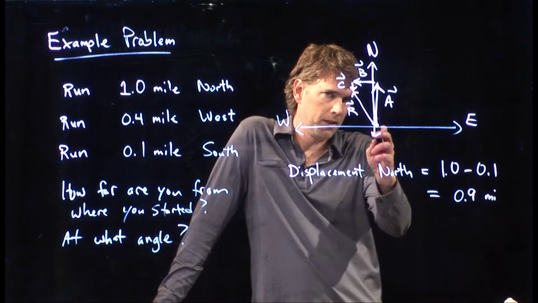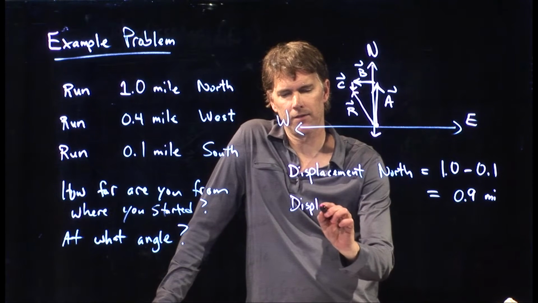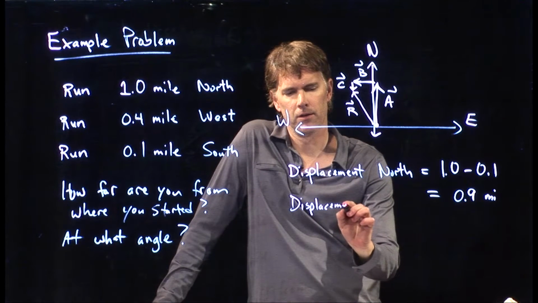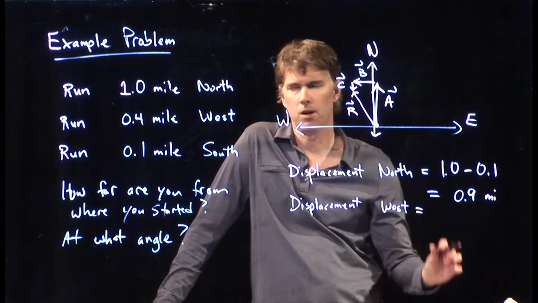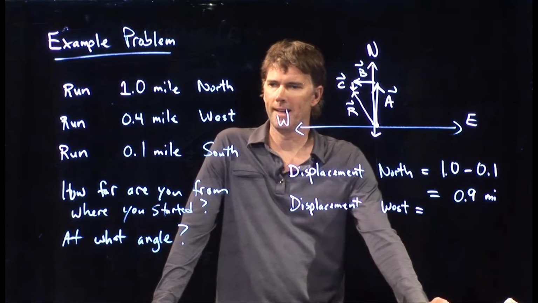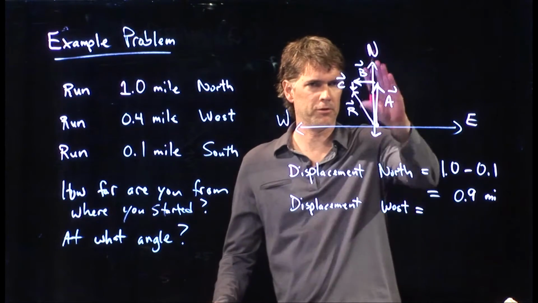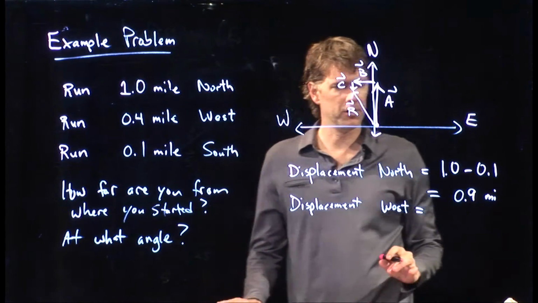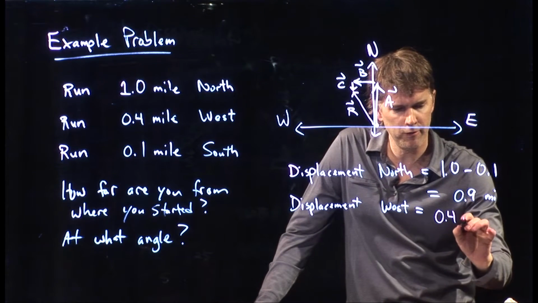It also looks like that we have ended up to the west. So how far west are we? Well, the displacement west is only that middle step, right? The other ones were straight up and down, and so the displacement west is 0.4 miles.